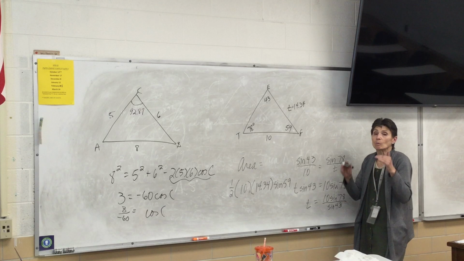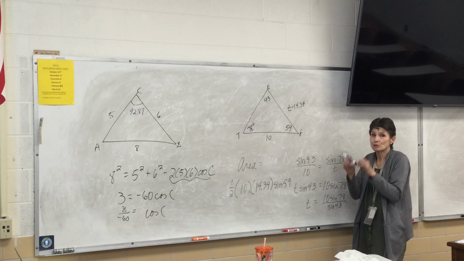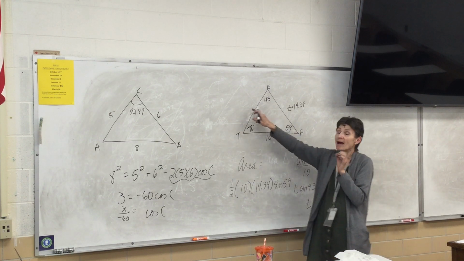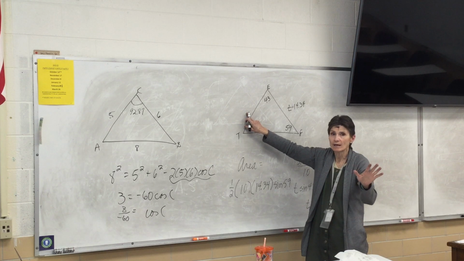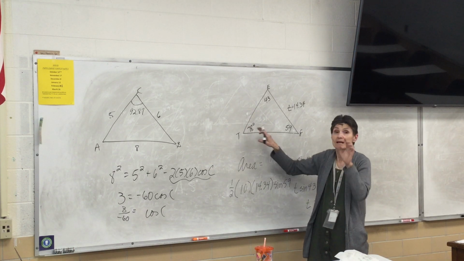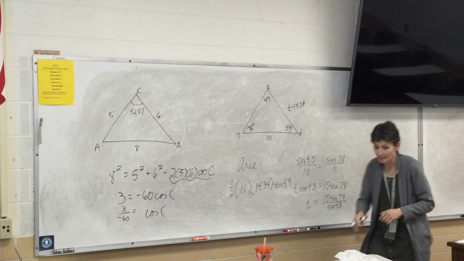Please, you guys, whatever sides you have, you must use the sine of the angle between them. So if you found side F, which is perfectly okay, you would have 1/2 this times sine 78. You have to use the angle that's between the sides.